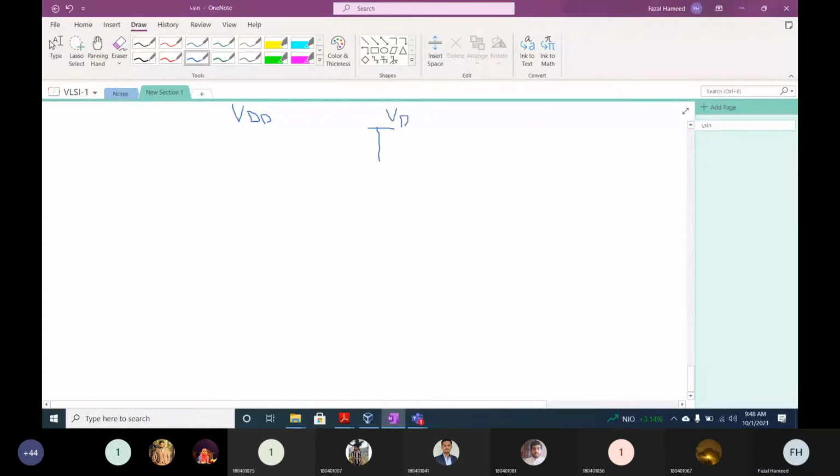Now this is VDD, and this is your PMOS, and there are 3 terminals. We know that there are 3 terminals of PMOS. This is your drain. This is your gate of PMOS, and this is your source of PMOS.